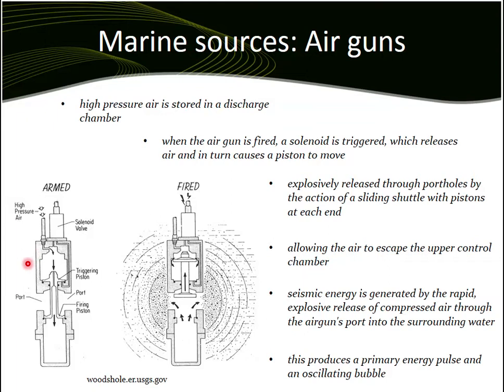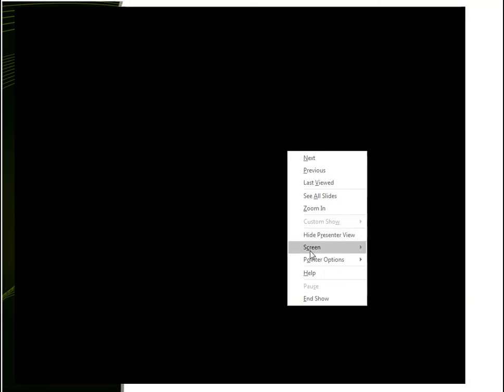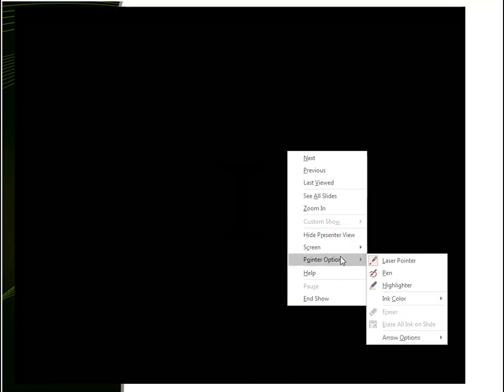The top one is known as the upper control chamber, and the bottom one is known as the discharge chamber. Before I go into detail, I have a video explaining the operation of the air gun. Let's listen and watch the video, and I will elaborate afterwards. I need to change it again to the cursor so that we can play the video.